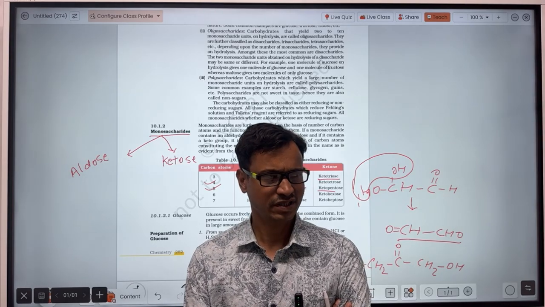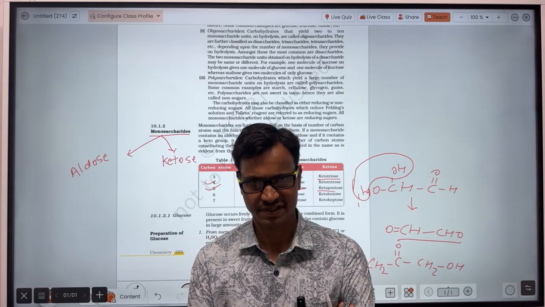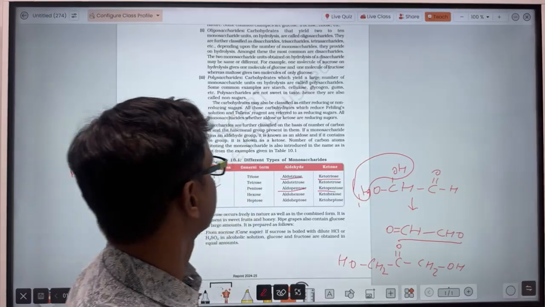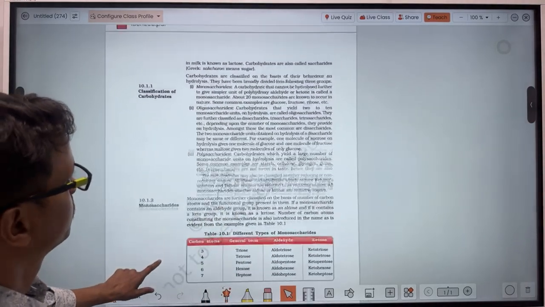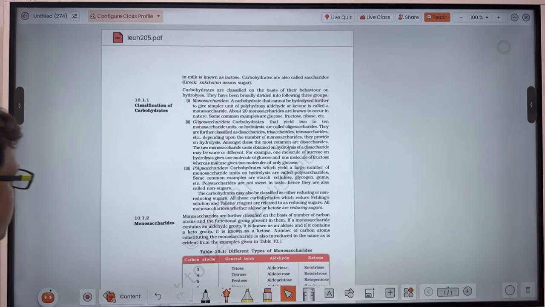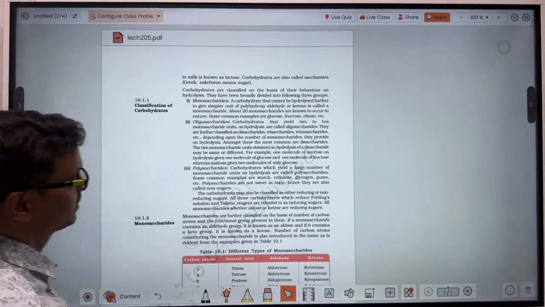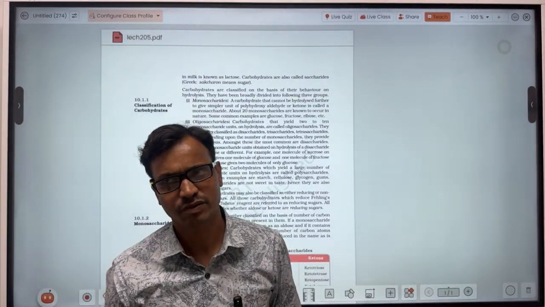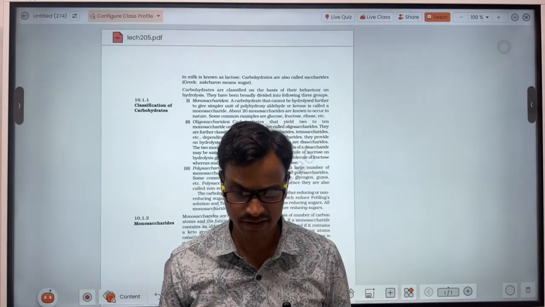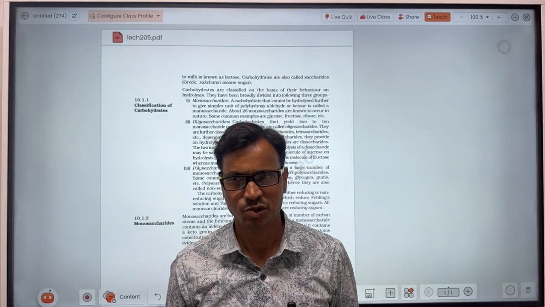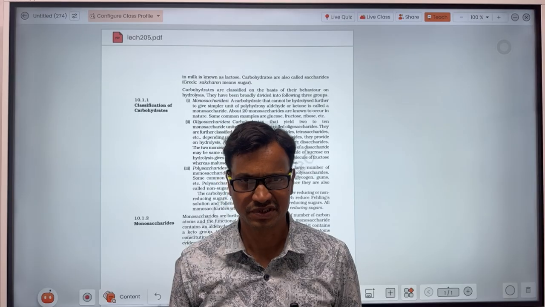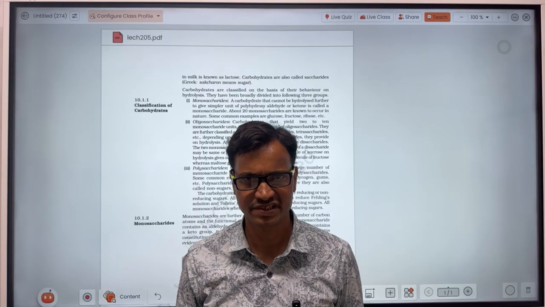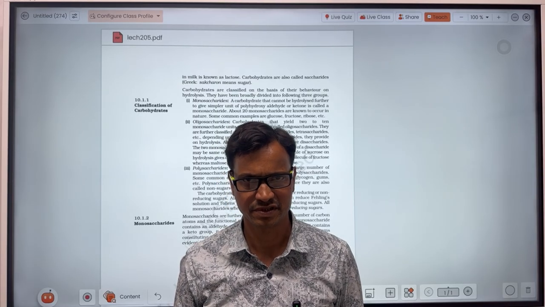Usually, all the monosaccharides discovered till now are included in reducing sugars. There are 20 types of monosaccharides observed, and all natural monosaccharides are reducing sugars, that is, they reduce Tollens reagent or Fehling solution.